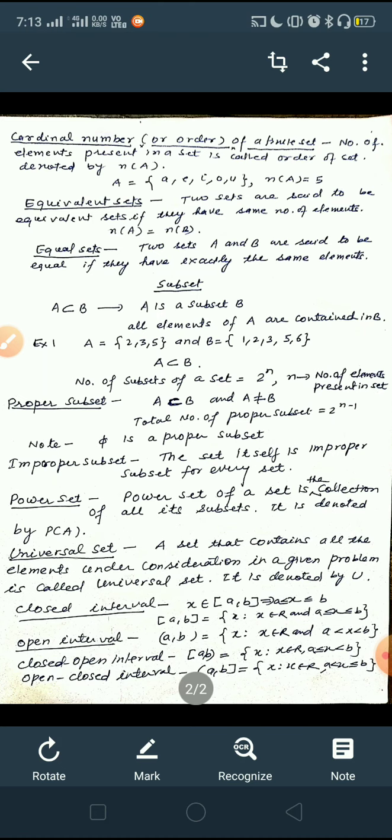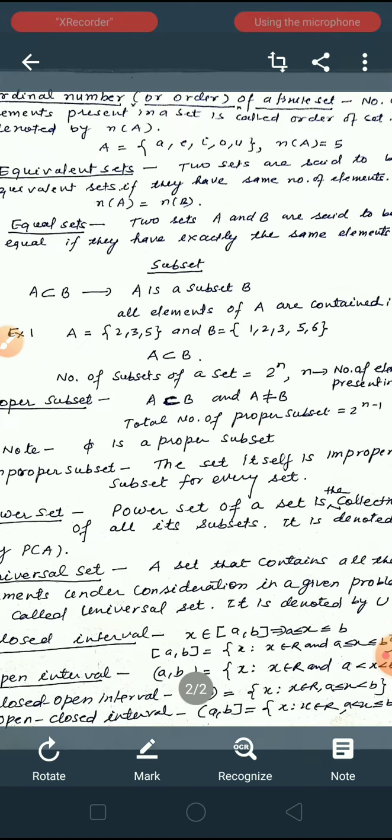If one set has 5 elements and another set has 5 elements, then both will be equivalent sets. Another example: if A has 10 elements and B has 10 elements, then those will be equivalent sets. Their elements don't matter. The only thing that matters is the total number of elements. So these are equivalent sets.